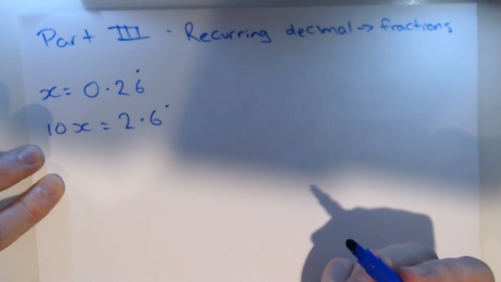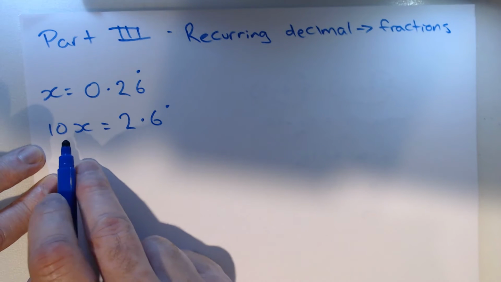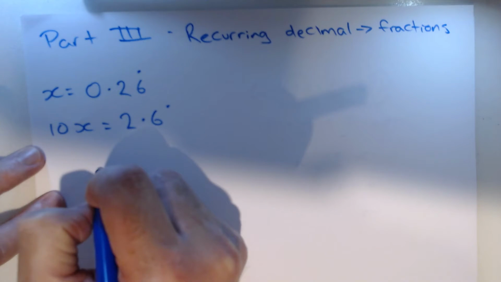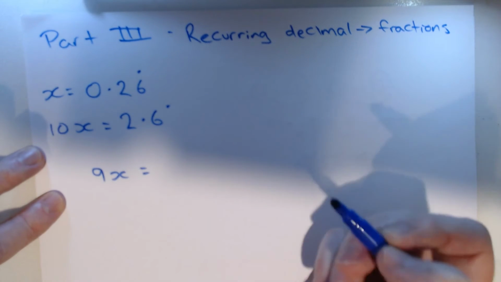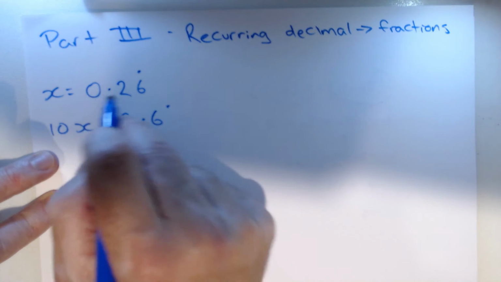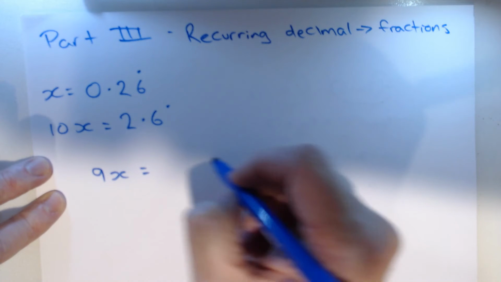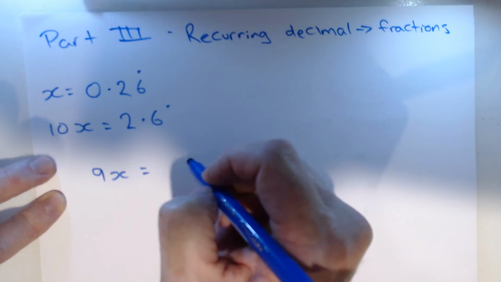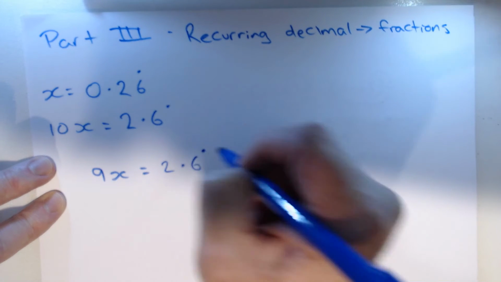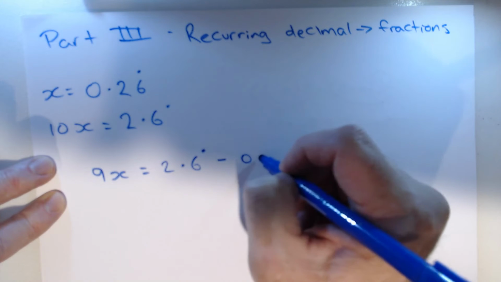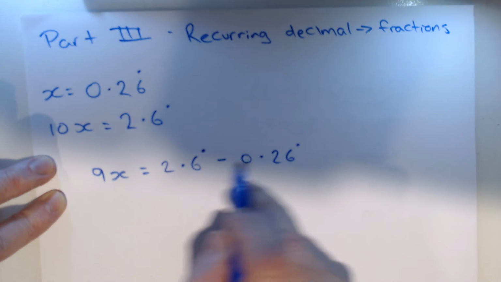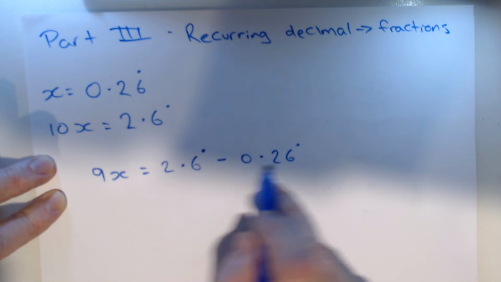Once we've got our 2.6 repeater, you'll see that we can once again do some magic with algebra. We can get 9x being equal to our 2.6 repeater minus 0.26 repeater. So if we do some subtraction here, 2.6 repeater minus 0.26 repeater, you'll see that all of the 6's to the right hand side here are going to go away.